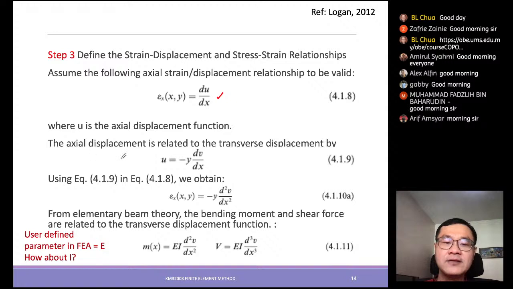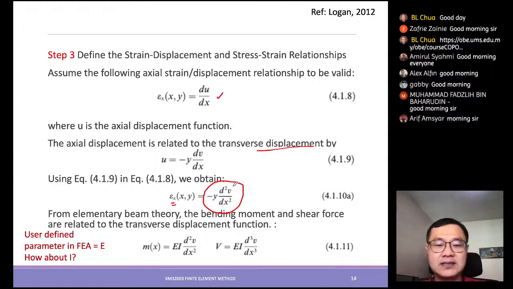Then for the transverse type, we can define u equals minus y dv over dx. Therefore when we substitute it into these equations, we get this relationship between the strain and the transverse displacement, v itself, across the length of the beam.